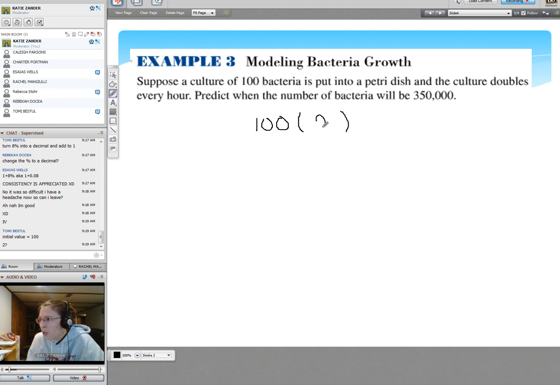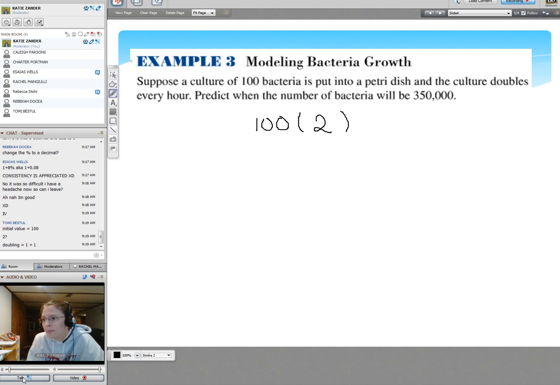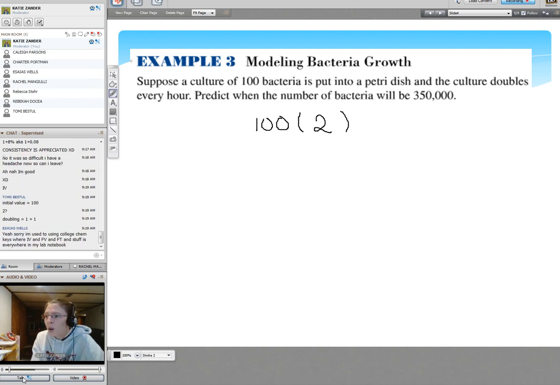Tommy's right. It's going to be a 2. Yeah, doubling means that you are growing by 100%. So that's no problem, you guys. So doubling means you grow by 100%. So inside those parentheses for the base, you have 1 plus 1. And that's where the 2 comes from.